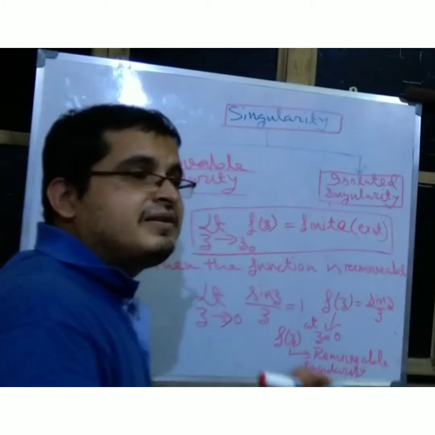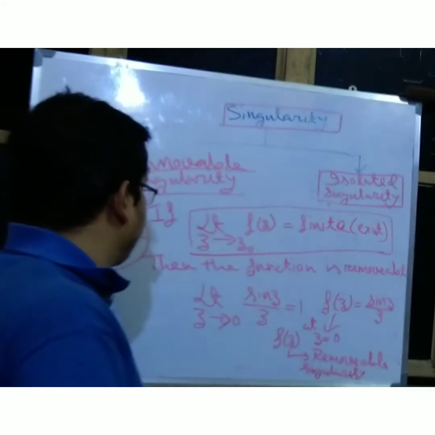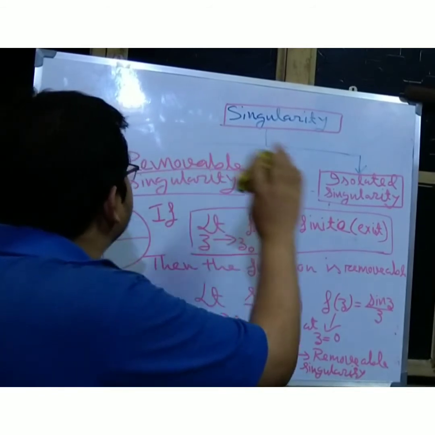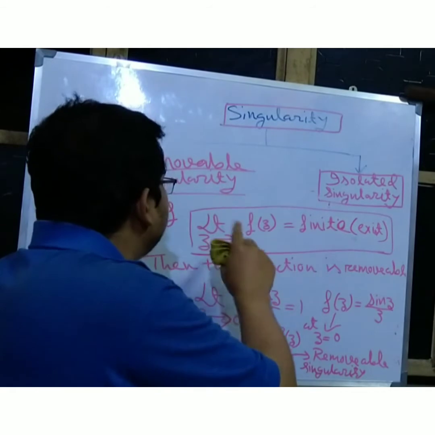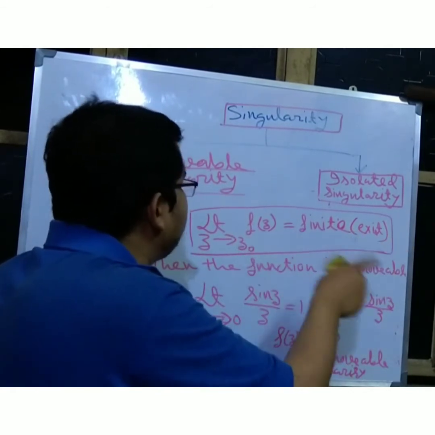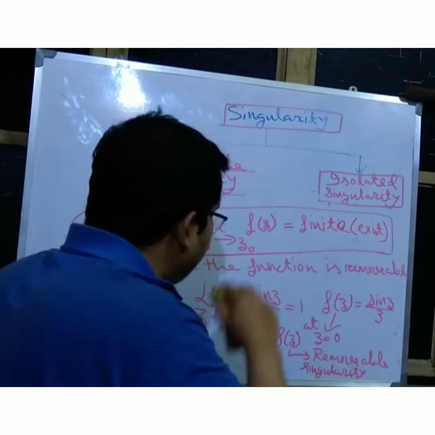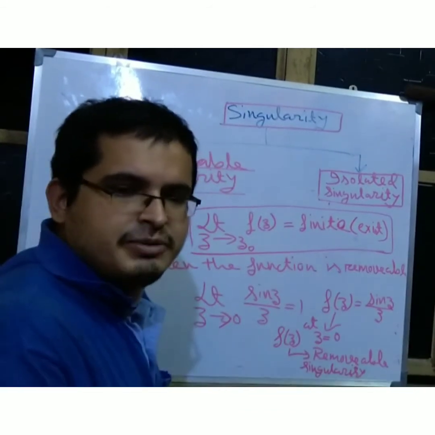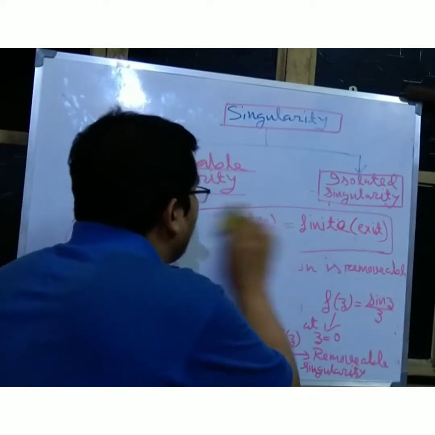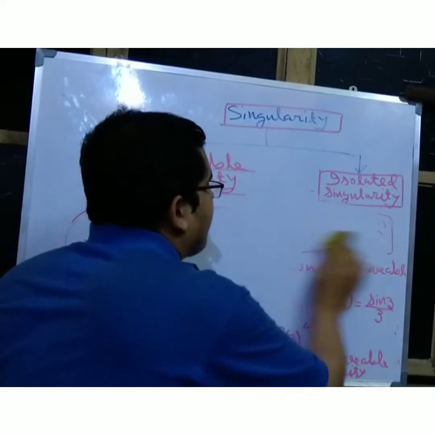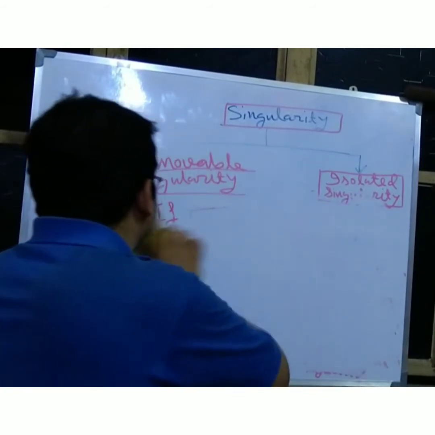So friends, I hope I have cleared up removable singularity. If the limit as z tends to z0 of f(z) is finite and exists, then the function has a removable singularity. And now again I will discuss poles. I will discuss poles.